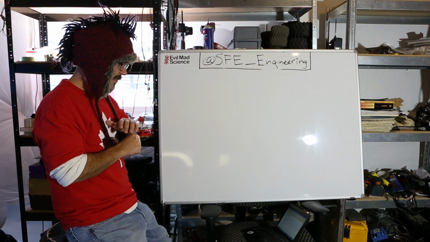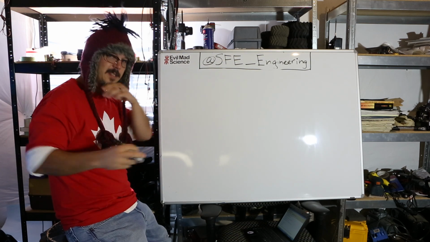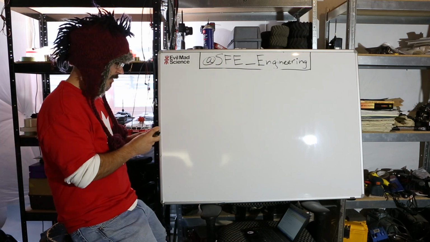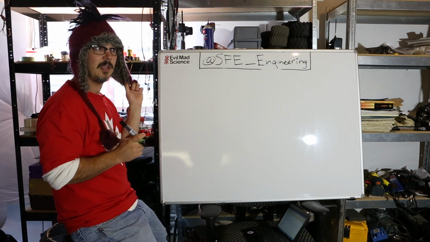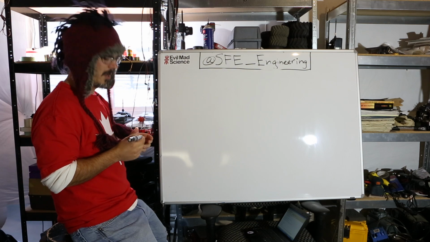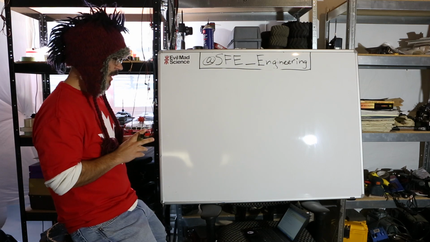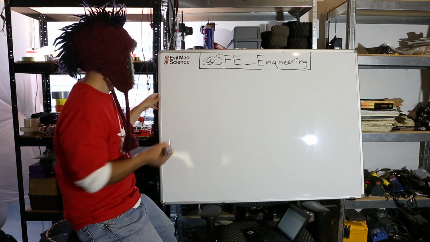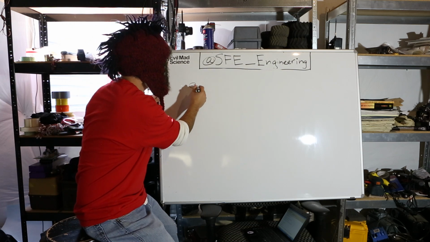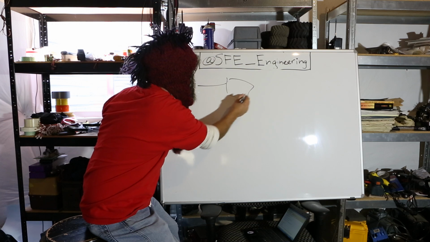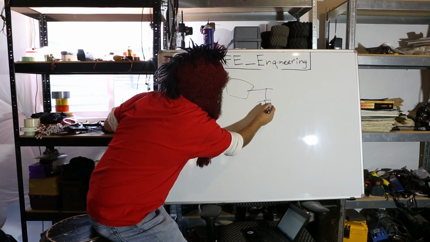Final question, sensible QA or test points. How? If I'm testing a board, be it prototype or production, the things I'm going to want to know the most are going to be, you're going to have some power in, and then you're going to have a regulator.